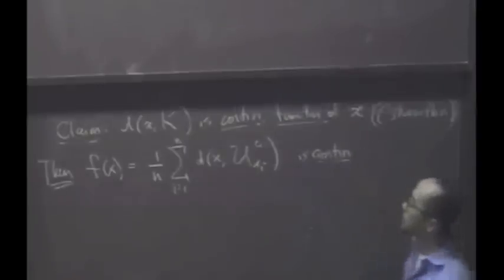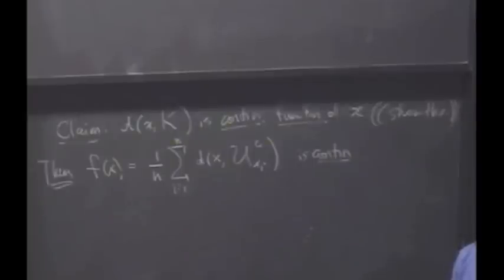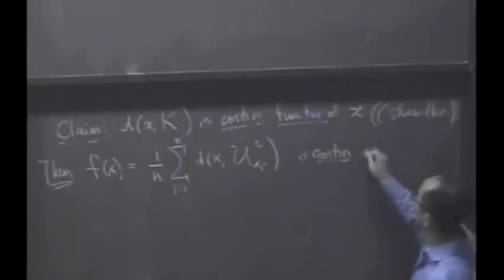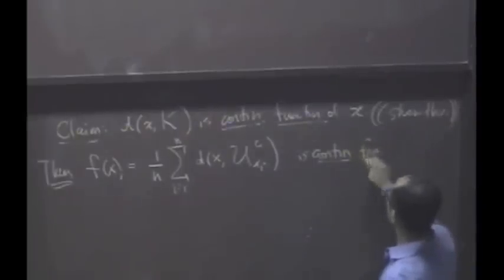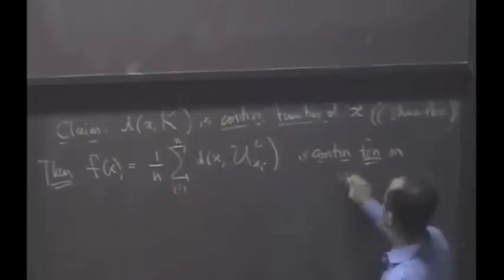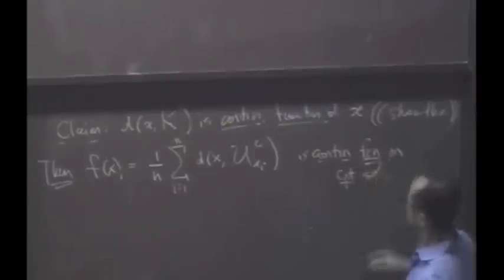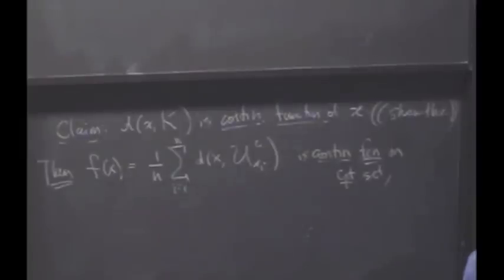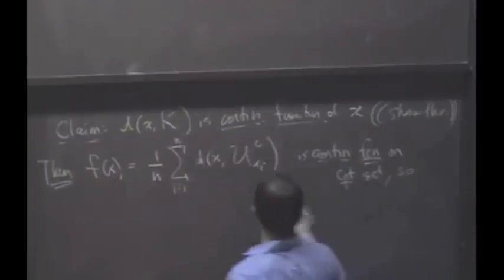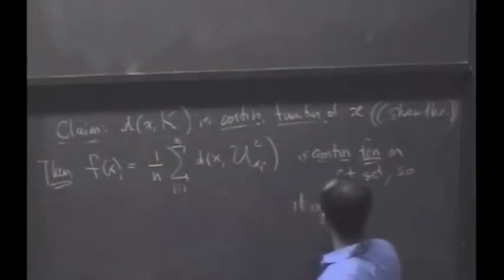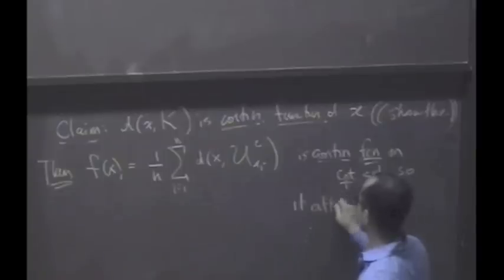What else? It's defined on a compact set. So it's a continuous function on a compact set. So, by a theorem we discussed last time, it must do what? Attain its minimum. That's what I'm concerned with.